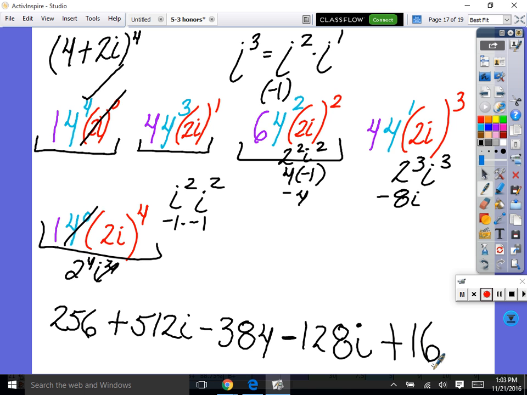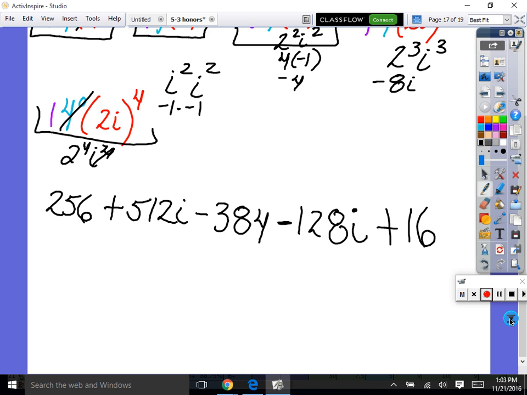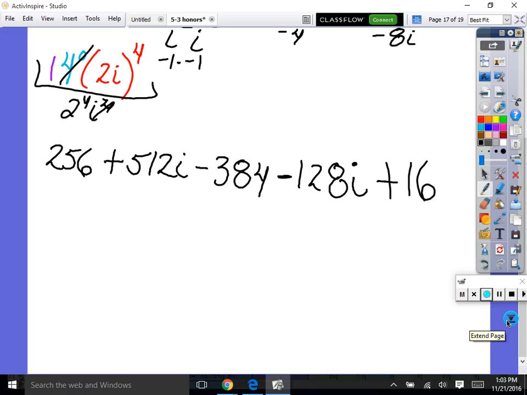Now, this is a complex number, a plus bi. You can combine real parts with real parts, imaginary with imaginary. So take your calculator. 256 minus 384 plus 16. Negative 76. I'm just bleeding you.